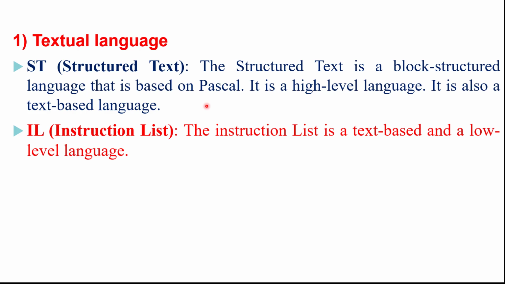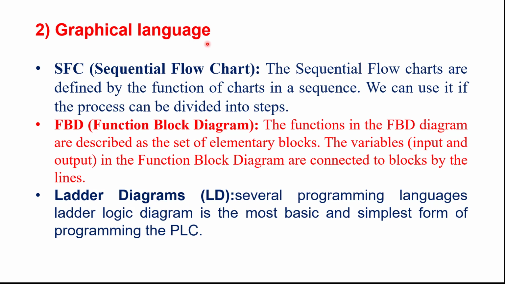Pascal is a very old, procedural language, a high level language just like C and C++. So just like C or C++, Pascal is also a high level, text based language. Next is instruction list. The instruction list is a text based, low level language, just like machine language.